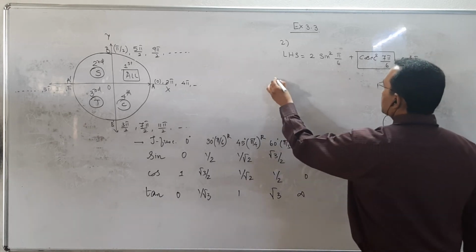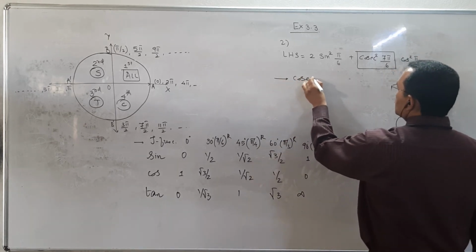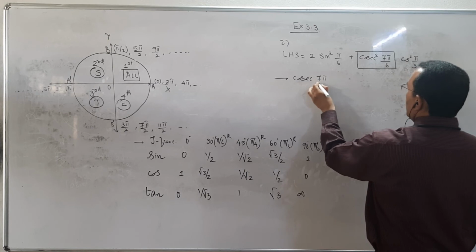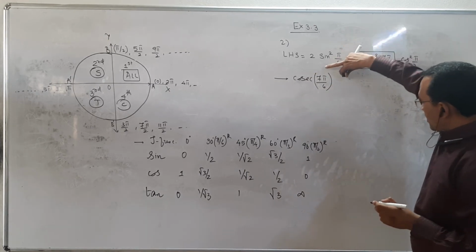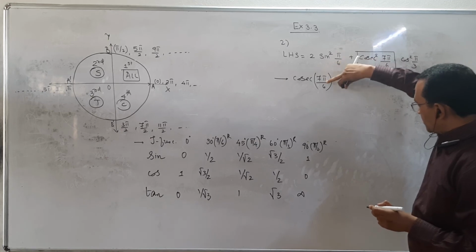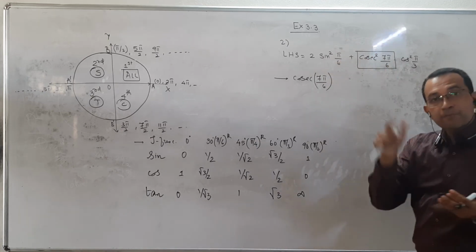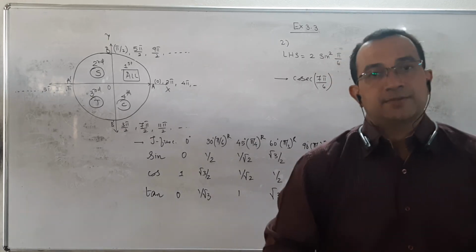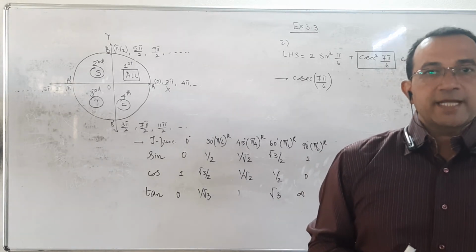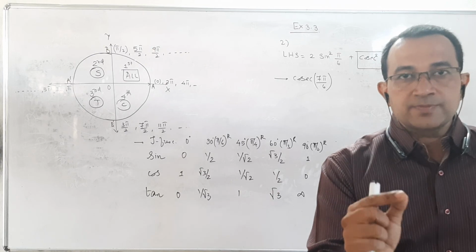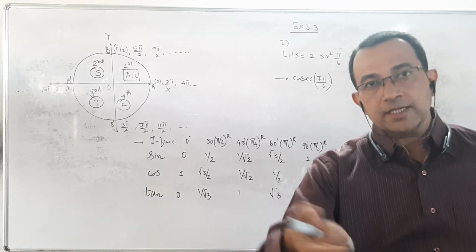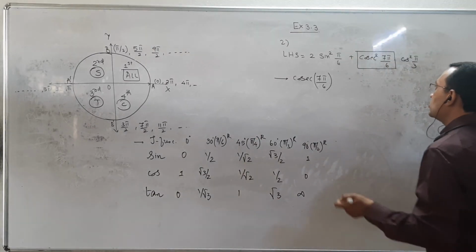Here I write cosec 7 pi by 6. Always try to express your numerator as a multiple of the number given in the denominator. What is the technique? Always try to express your numerator as a multiple of the number given in the denominator.